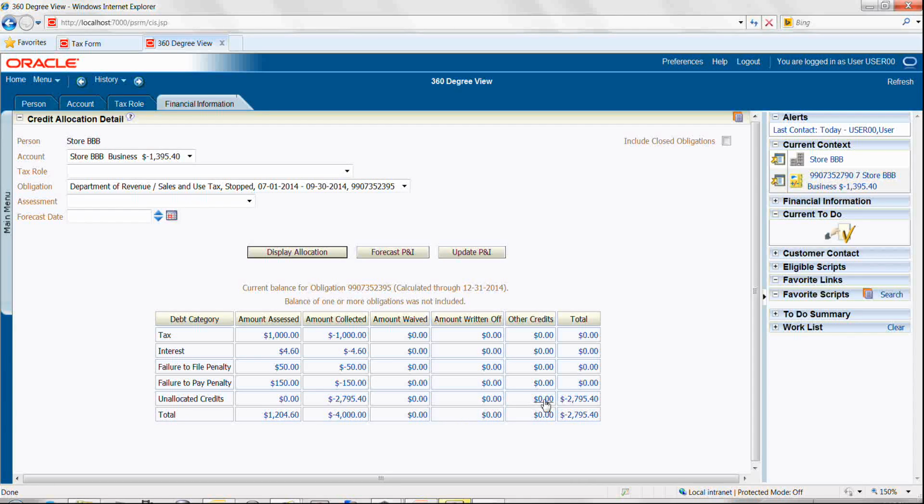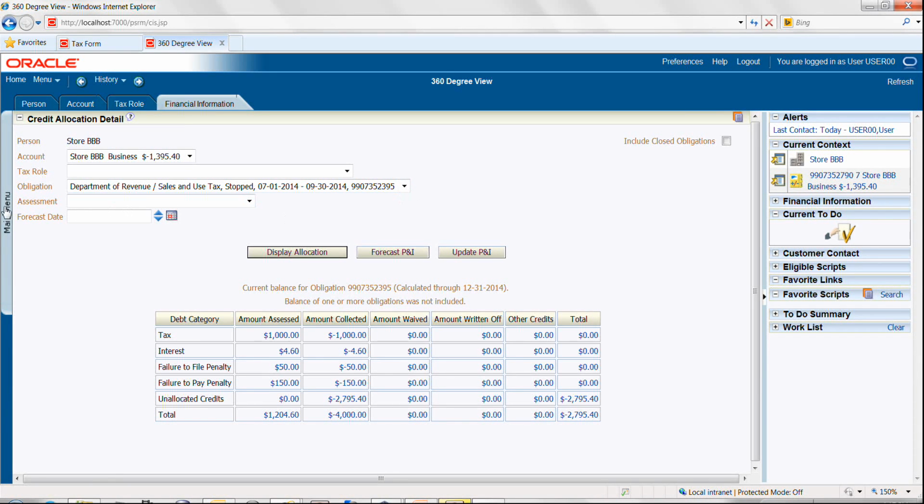Okay, so I would like to do a direct deposit overpayment and a refund for this $1,395, but before I do so, I want to transfer funds from this particular obligation to the debt obligation, which is the second quarter.